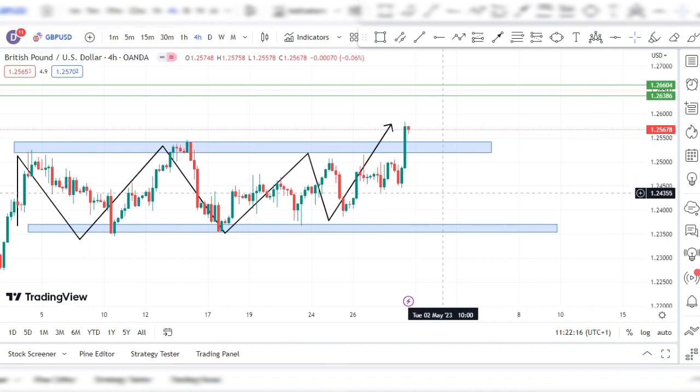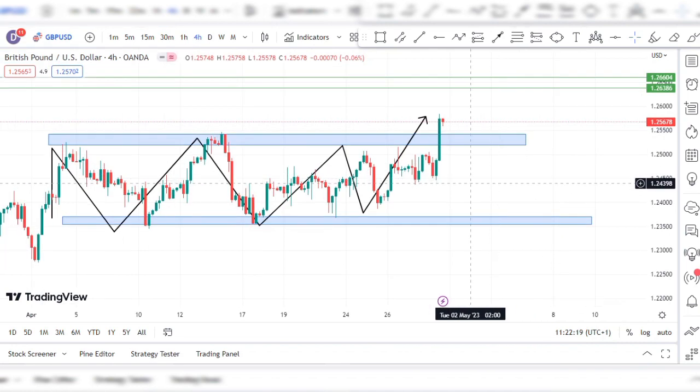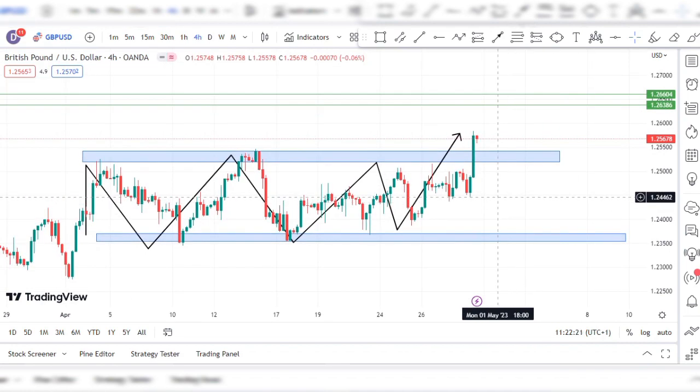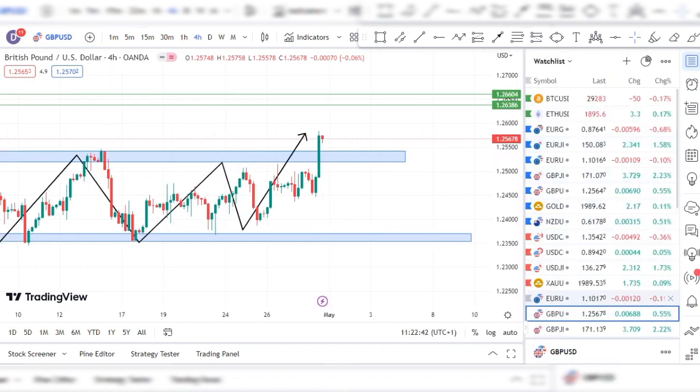So wait for the retest, and once price is able to retest that area, then we look for opportunities down here in the 1.252 area. If not, then we'll just wait for price to get into the 1.265 area and see how price reacts to that level. So that's my trade for GBP USD.